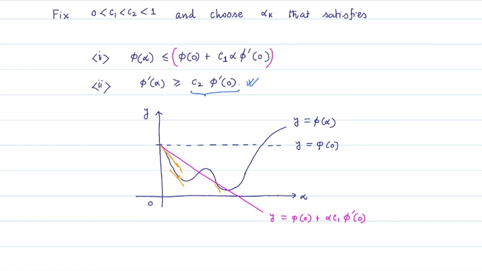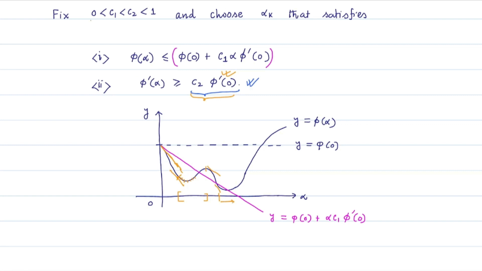Now notice that at this point and all the points to its right, the tangents have slope bigger than this quantity. Till this point you consider, then next to this point we notice that the tangent has slope smaller than this quantity, and hence the second condition identifies the range of alpha values lying from here to here, then from this point to the right of all these points.